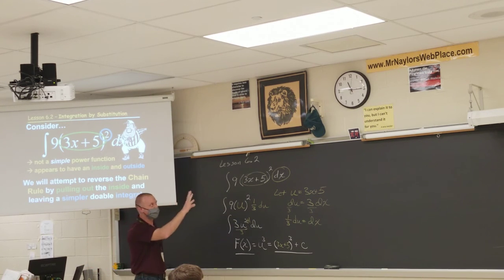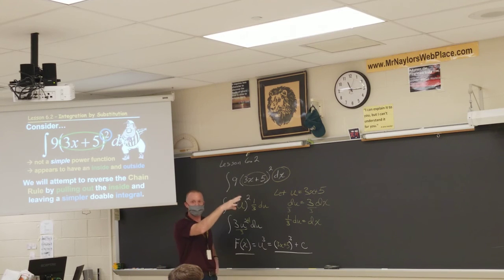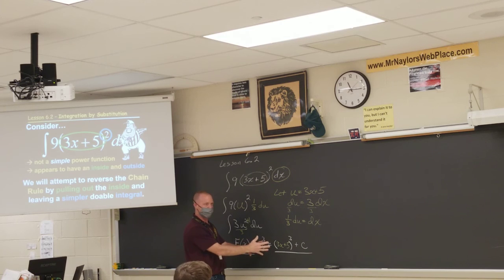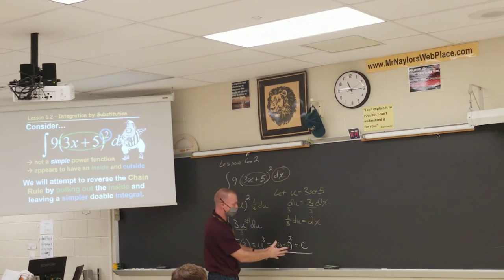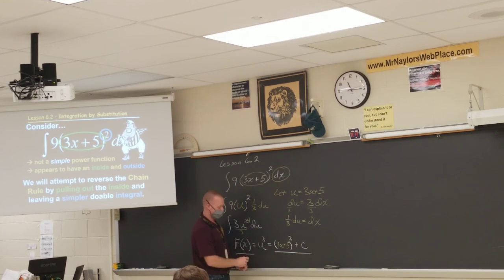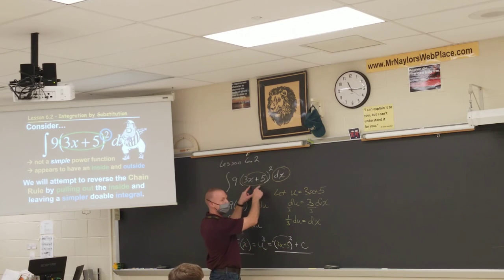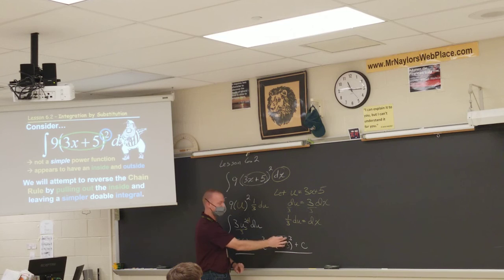Good. I sometimes can't tell if we have a minute or if we just have 10 seconds. Take a look at this answer, and we'll do another problem, but just take a look at this answer. Do you believe it? Do you believe if you do the derivative, that is, if you now go back, if you do the derivative of this, that you're going to get this? We can kind of do it mentally. 3 comes down. It becomes a new exponent of 2. And how are we going to end up getting 9 since 3 comes down?